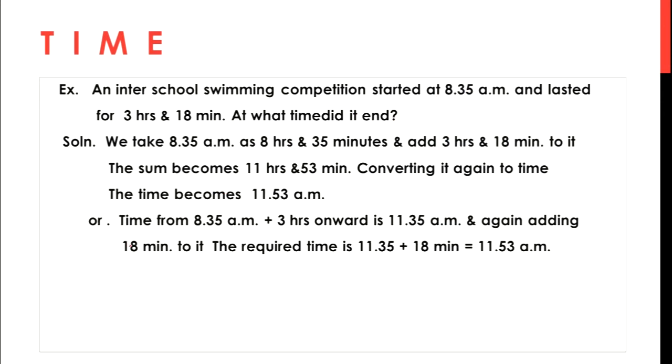Next problem is, children, an inter-school swimming competition started at 8:35 a.m. and lasted 3 hours and 18 minutes. Here, the ending time of the competition is not given. He has given you the duration of the swimming competition. So what you have to do is write 8 hours and 35 minutes, and add 3 hours and 18 minutes to it.